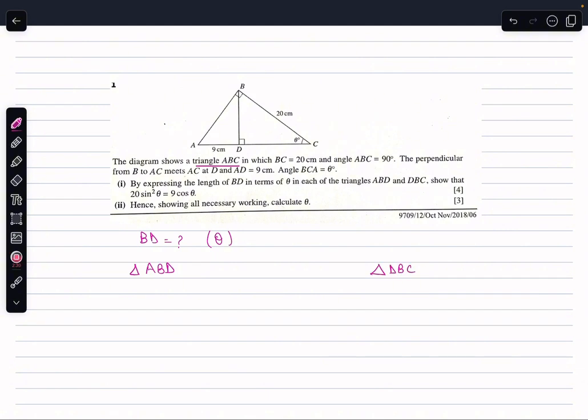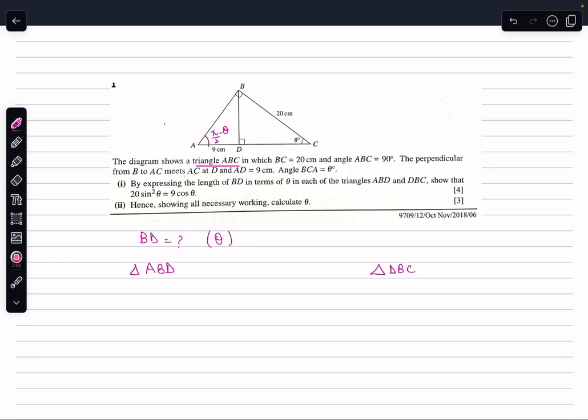What I see here for triangle ABD is that in triangle ABC, this angle is π/2 and this angle is θ degrees. So this angle here needs to be π/2 minus θ.